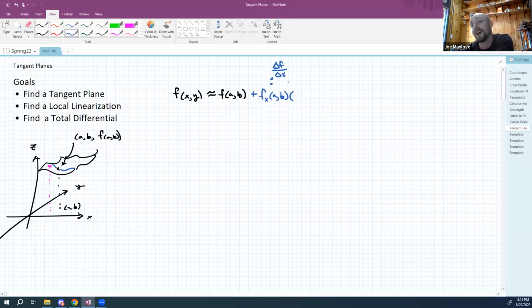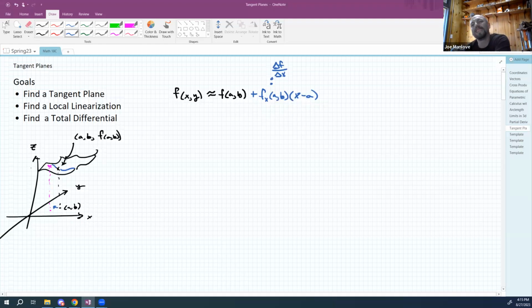It's really like df dx, except this has too many variables, so it's a partial with respect to x of f. I have to multiply this by something like a dx, so I'm going to multiply by x minus a. That's literally how far you had to go in the x direction to get to my new pink point. Do I think that's about right?